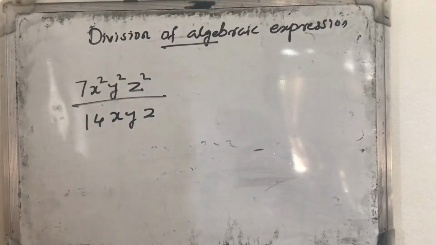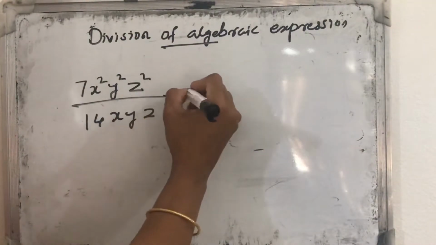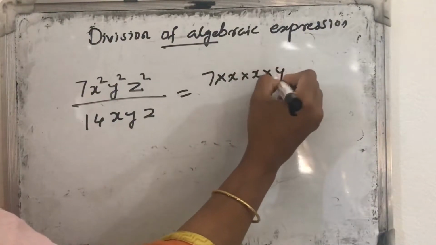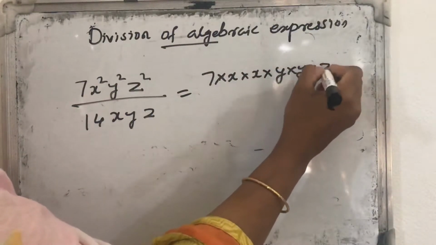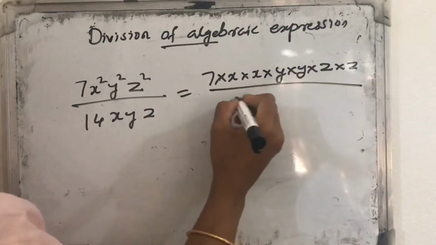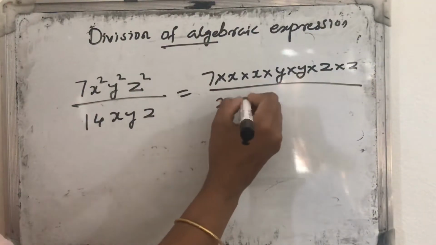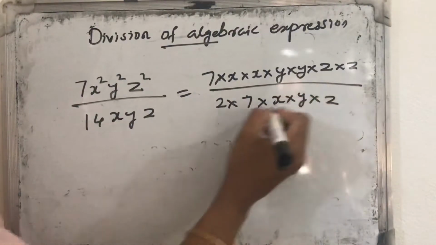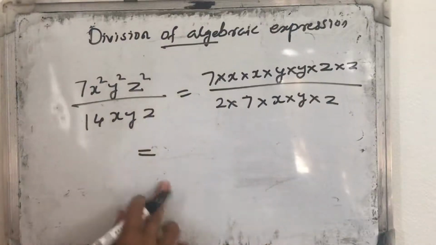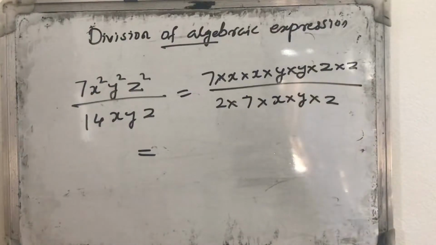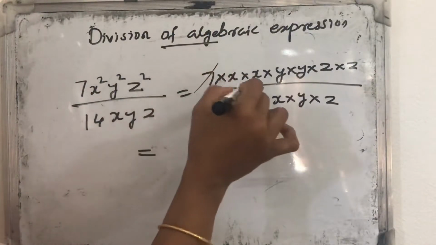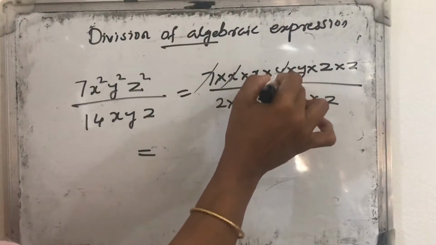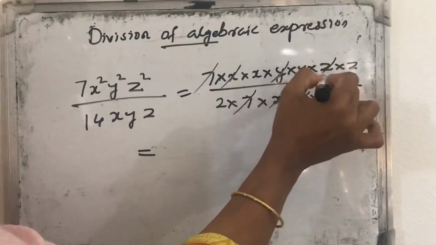14xyz. Here also we factorize. x square we write as x into x, y square as y into y, z square as z into z, and 14 we write as 2 into 7 into x into y into z. Write the numbers in irreducible factor form, then find the common factors. 7 is common, x is common, y is common, z is common.